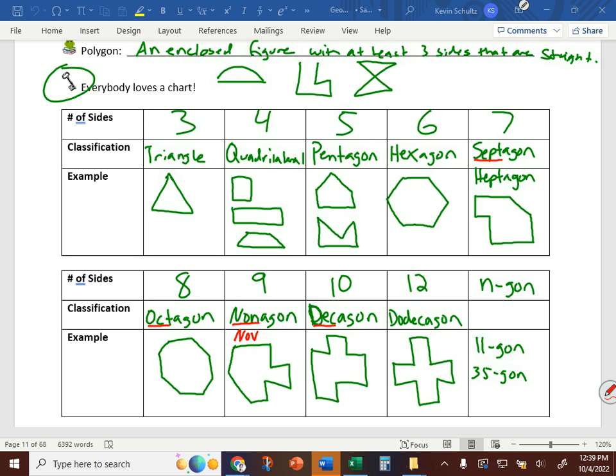Sept means 7, which it does. But what number month of the year is September? 9. Oct means 8, but October is non or nov means 9, but November is, and dec or dis means 10, but December is. Anyone know why that is? Why they're all off by 2? Kylie?